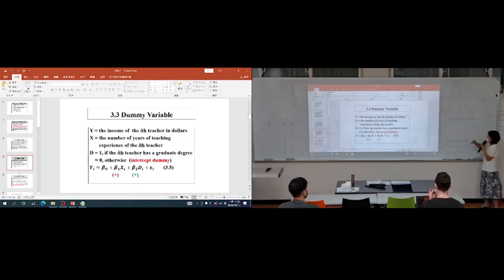Now thinking about this one, when d equals 1, what does this model become? If d equals 1, then y equals beta 0 plus beta 2 plus beta 1 x. Understand what I'm trying to do? And if d equals 0, what does that mean?